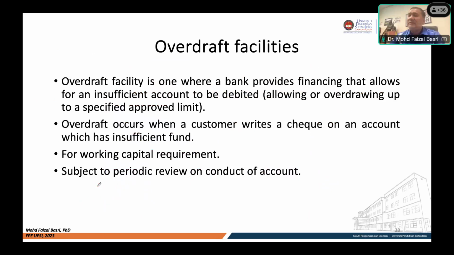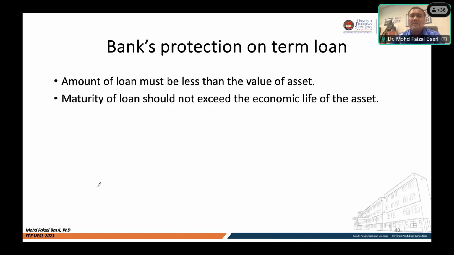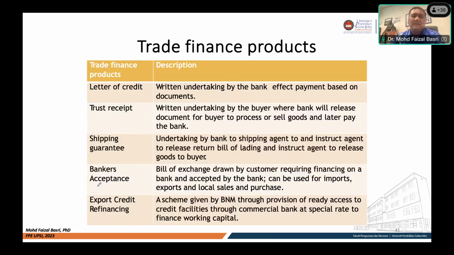So these are the types of loans or facilities that they have. I don't want to go through them in detail. You can read up on the overdraft, term loans, and this is actually part of your assignment as well, when you have to discuss the types of financing of a bank. And these are the trade finance products.